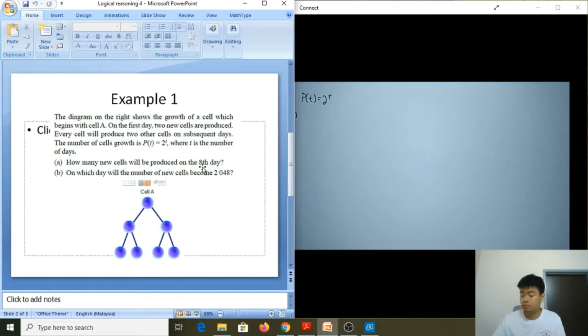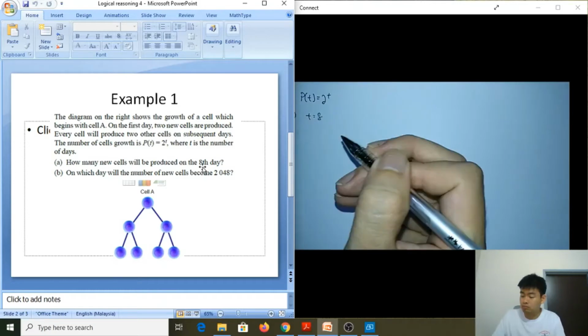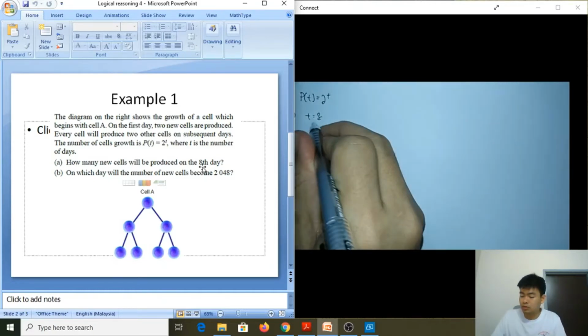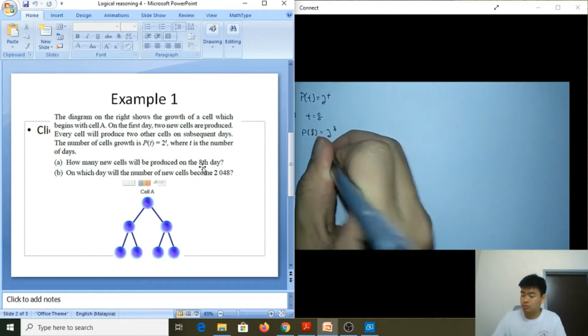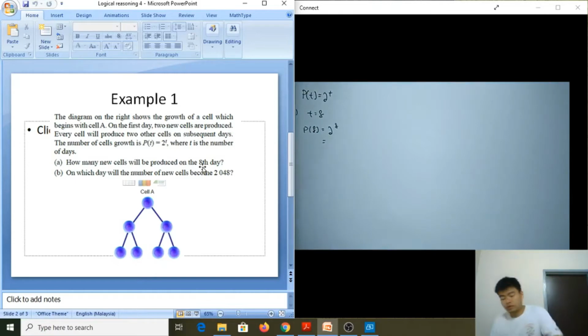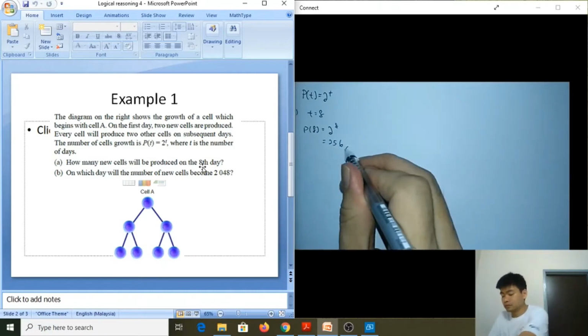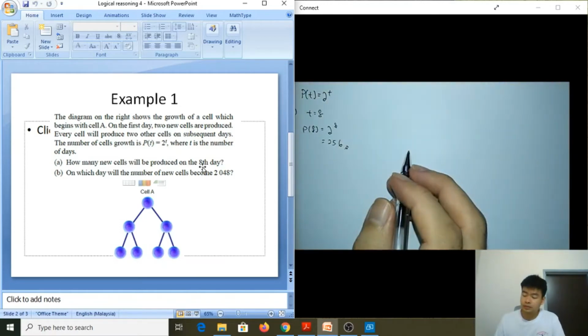So simple, just substitute t equals 8, because you want to know the 8th day. Substitute t equals 8 into the equation, and you should get your answer. So 2 to the power of 8. Using the calculator, 256. So this is the answer: 256 cells on the 8th day.